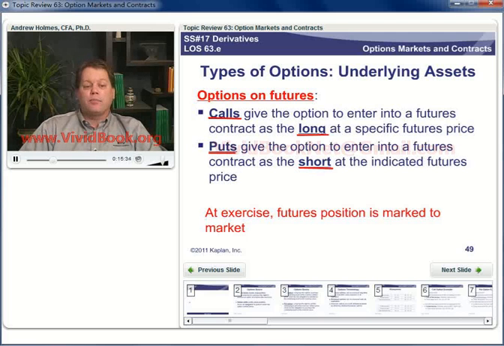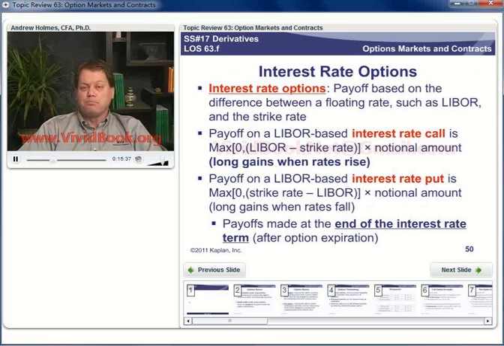A couple of other specialties here, the things you're going to see on the exam. An interest rate option. I think that these play a significant role on the exam, so you want to make sure you get a handle on this. But remember, just like we talked about futures contracts being directly on an interest rate versus on a fixed income security, a long futures contract would win when interest rates went up if it was directly on the interest rate.